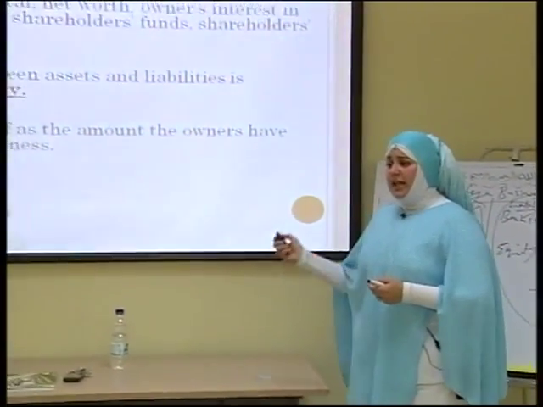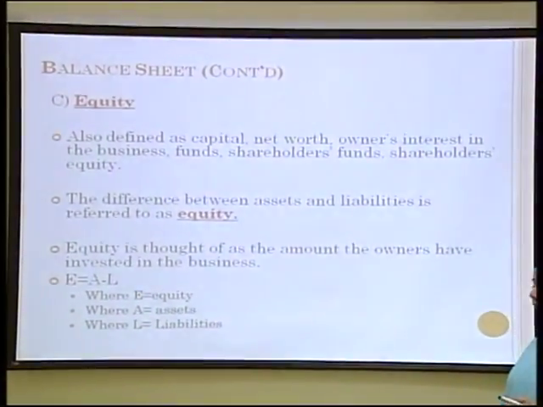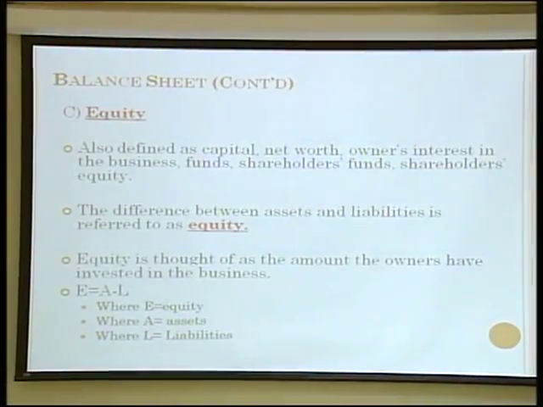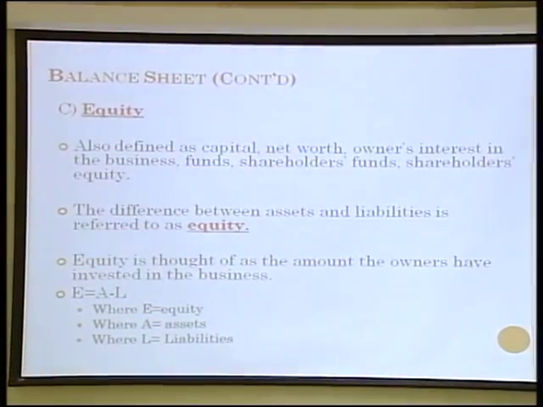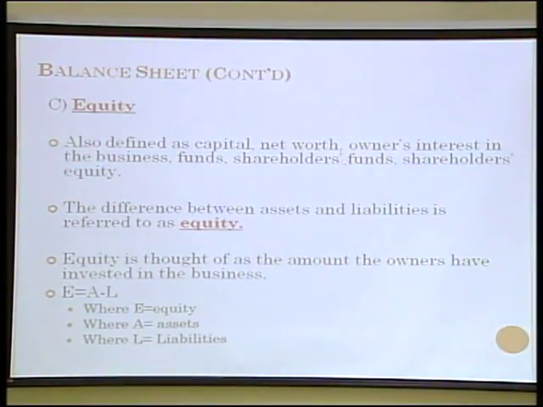The last accounting element in the balance sheet is the equity. Equity is what the company owes the owner. Also defined as capital. We call it net worth, owner's interest in the business, shareholders' funds, shareholders' equity.